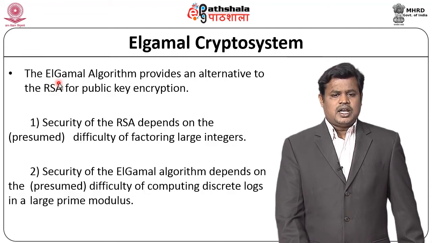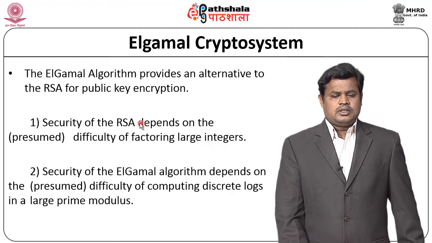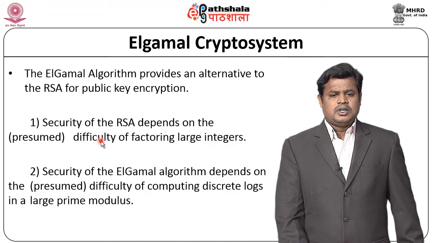The security of RSA depends on the difficulty of factoring large numbers. That is what we saw in the case of the RSA algorithm, where an attacker may be able to capture the public information, but it is very difficult for him to factorize that large integer to know the factors of the number.